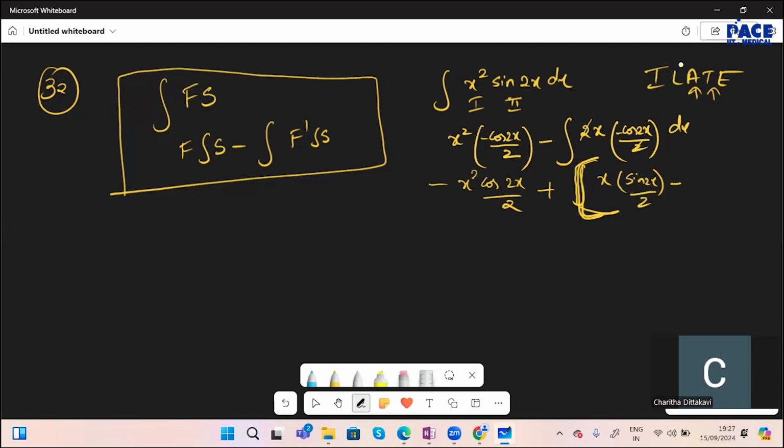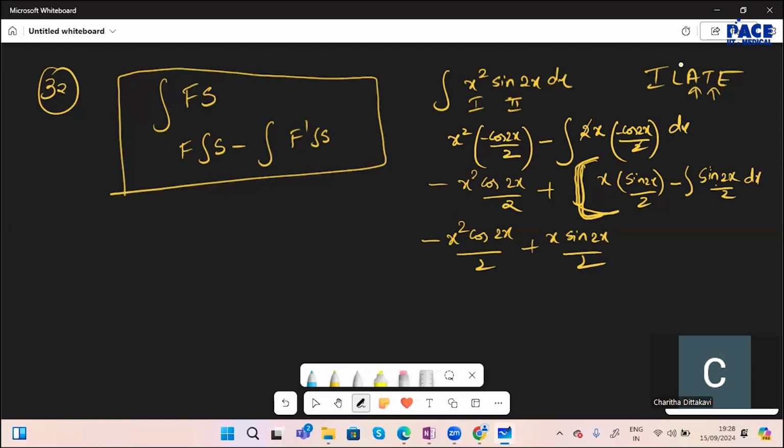First into integral of second minus integral of derivative of first, which is 1, into integral of second, sine 2x by 2 dx. So finally, what do I end up with? Minus x square cos 2x by 2 plus x sine 2x by 2 minus.